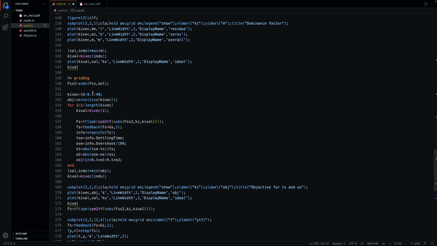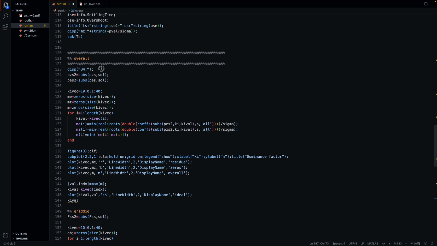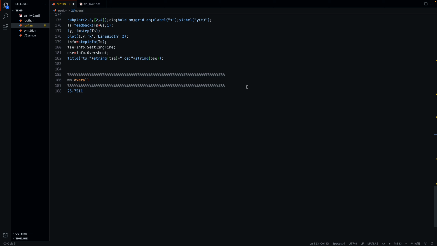Here, let's also indicate that this is Q5. There we go. And I'm going to use KI val equals this one here. So at this point, I'm more interested in the coefficients than the controller itself. So let's actually acquire them by using double and then subs and then sol.ki, which should still exist.